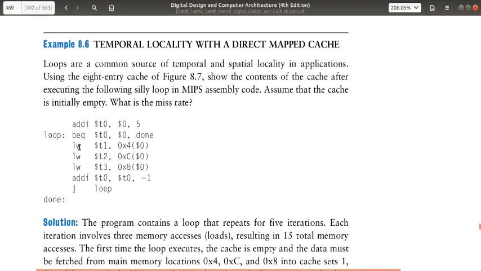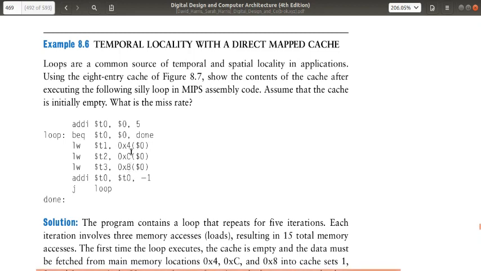We had 3 memory accesses, copying from locations 4, C and 8. In our continuous memory location, this will be one word, this will be the next word, and this will be the word after that.